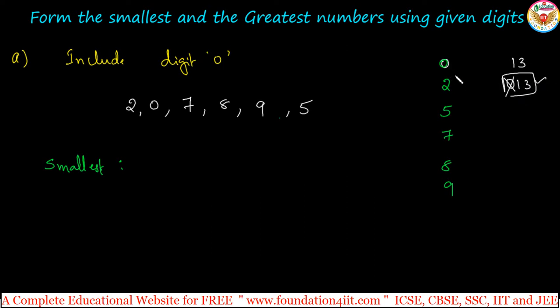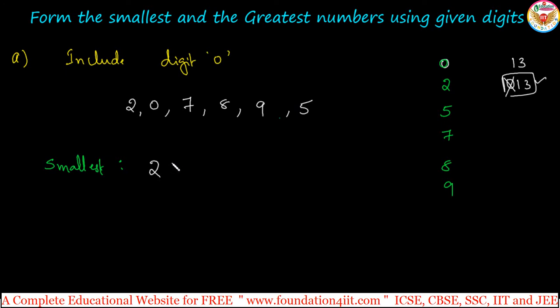So here the digits are 0, 2, 5, 7, 8, 9. Except 0, from the remaining numbers you write the smallest number first. The smallest among 2, 7, 8, 9, 5 is 2. Because the digit 0 is included, don't start with 0. Apart from 0, the smallest of the remaining digits is 2.